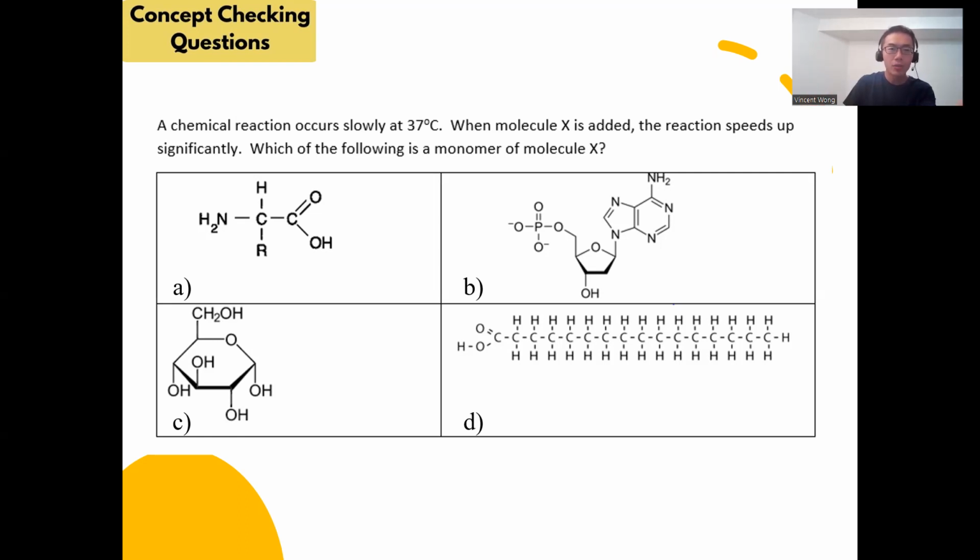A chemical reaction occurs slowly at 37 degrees Celsius. When molecule X is added, in other words, when something is added, the reaction speeds up significantly. What do we add to speed up a chemical reaction?